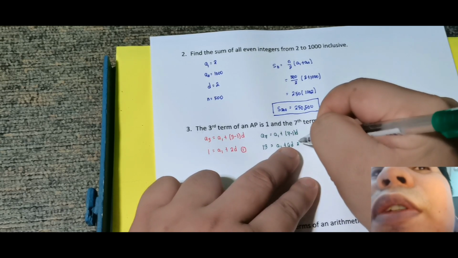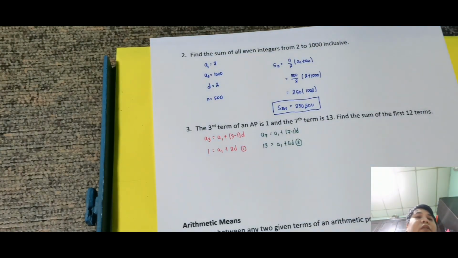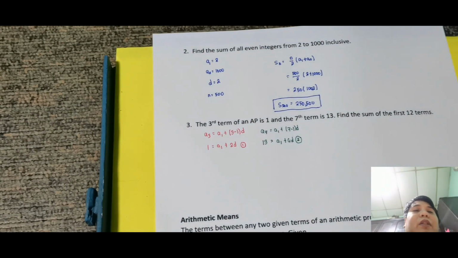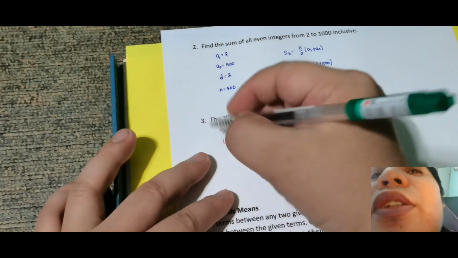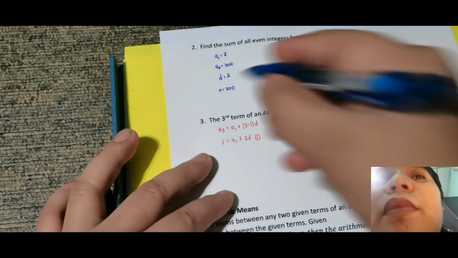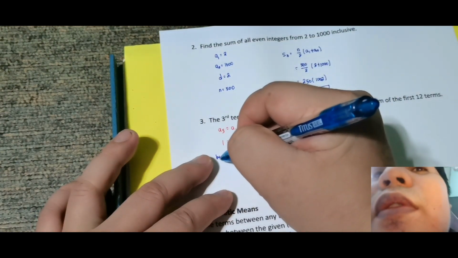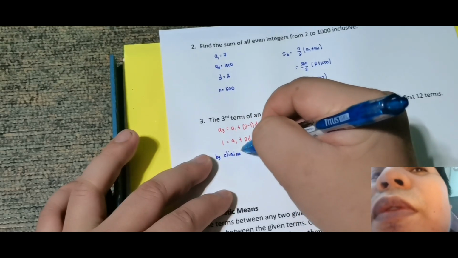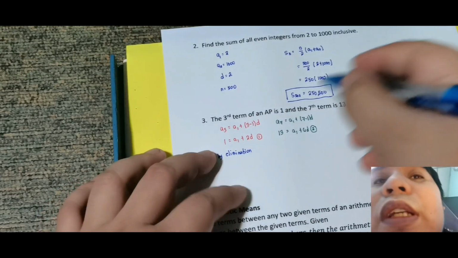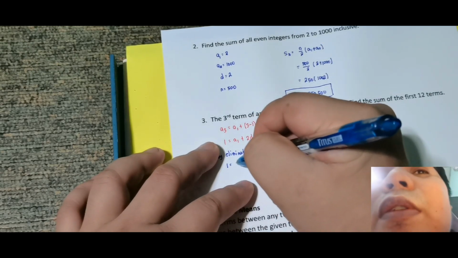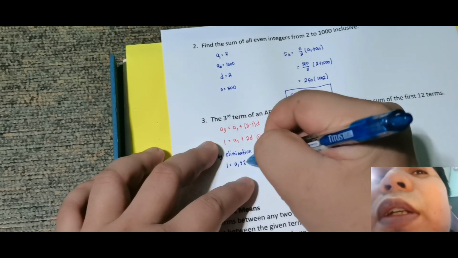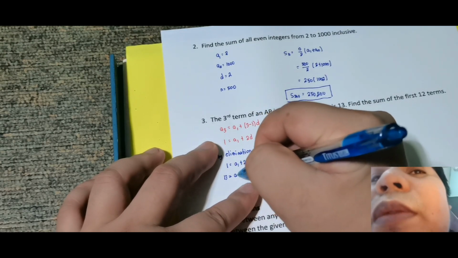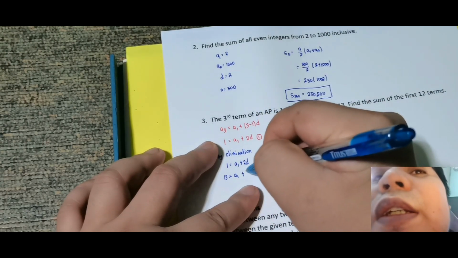This is equation 2. Okay, so hanapin natin value ng A sub 1 saka D. So pwede natin gawin ganito, by elimination. So this is 1 is equal to A sub 1 plus 2D. This is 13 is equal to A sub 1 plus 6D.